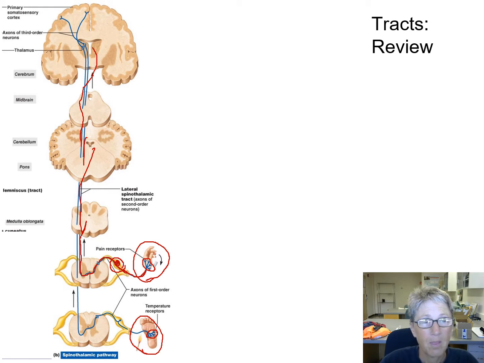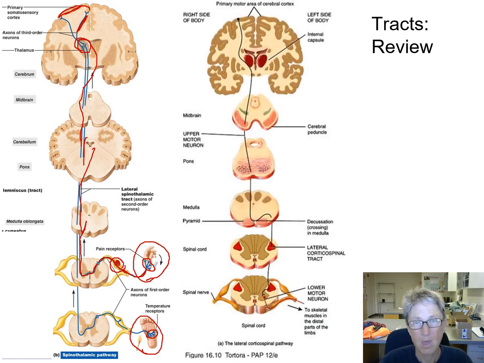And then you'll get a synapse between the second order sensory afferent neurons and the third order sensory neurons here. And then here's your somatosensory cortex. So at that point, when the information has traveled to the somatosensory cortex, you will feel the pain or the heat. And all this information just travels in tracks, and the tracks have names.